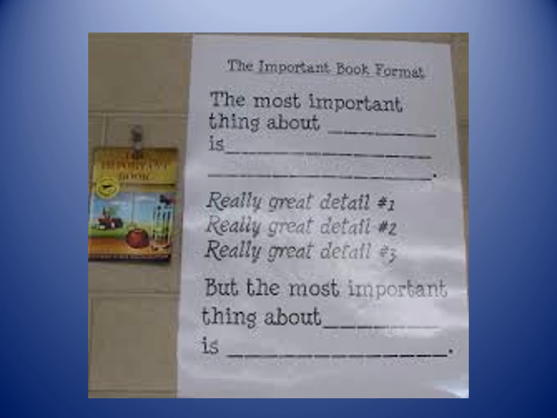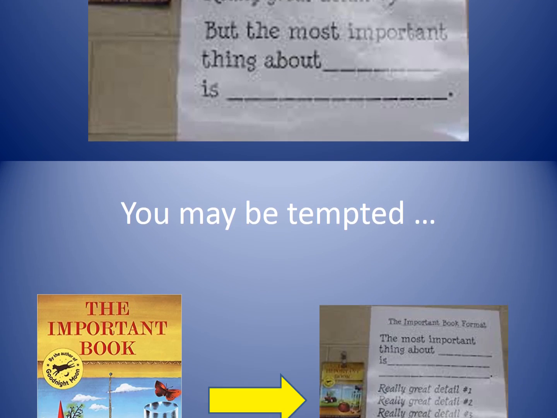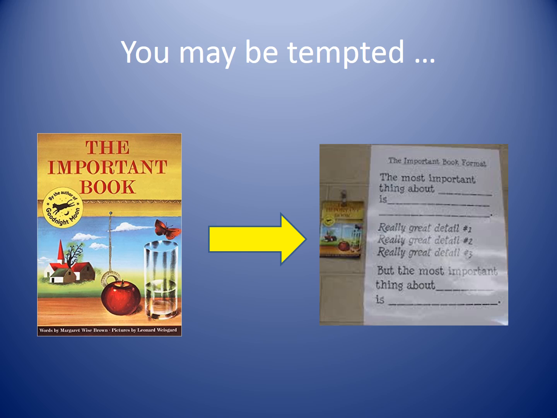With pattern text, you go beyond reading or responding to the text. The important step is to move students to writing their own original version of the pattern text. You may be tempted to move directly from reading and discussing the book to having students write their own pattern text.